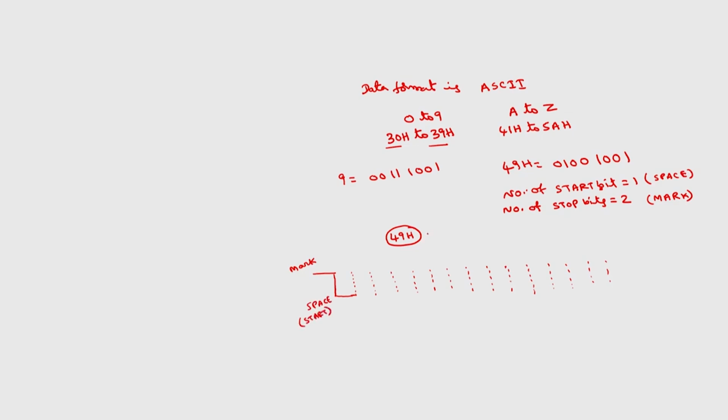Then 49H is equivalent to 0 1 0 0 1 0 0 1. So, the first bit is also 0. So, we can transmit 0, this is first bit 0, from here to here ASCII 49.